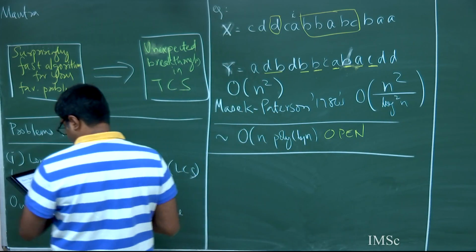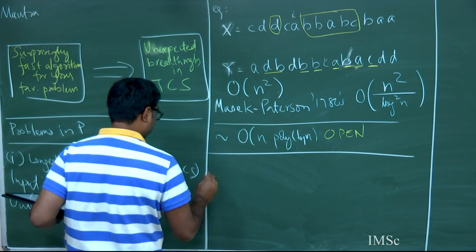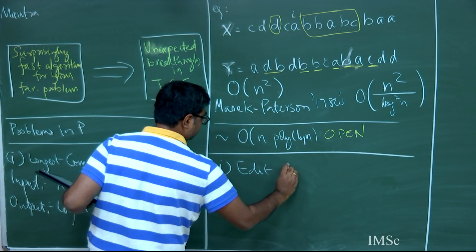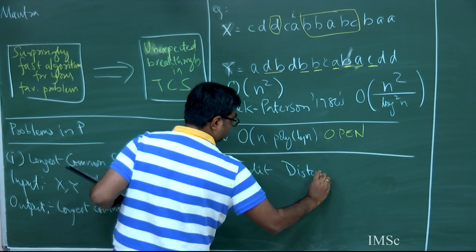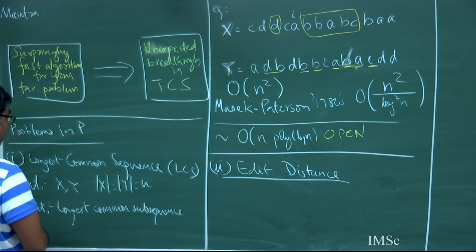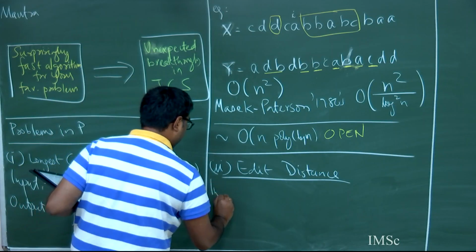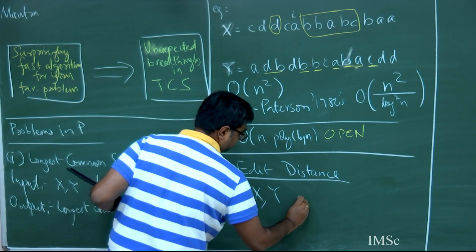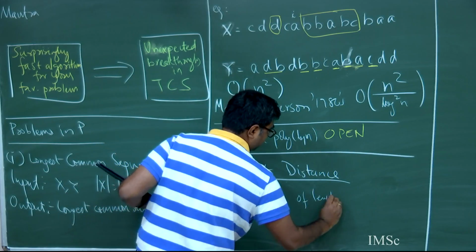Now let's look at another problem which is of interest, what is called edit distance. What do I mean by edit distance? Again, input is two strings x and y, say of length n.